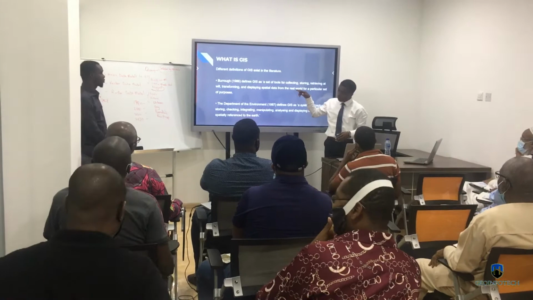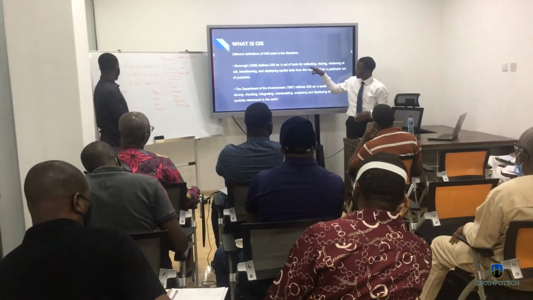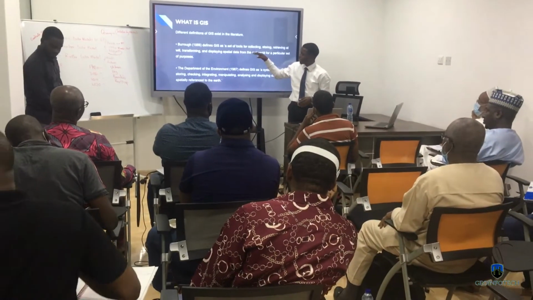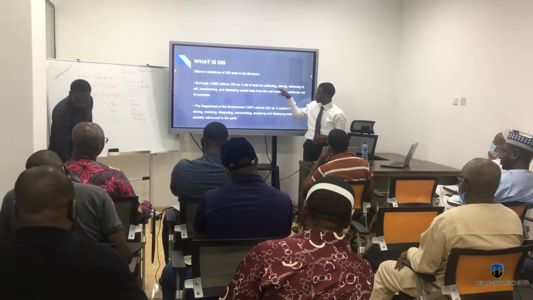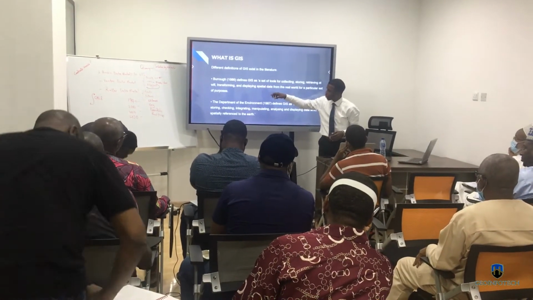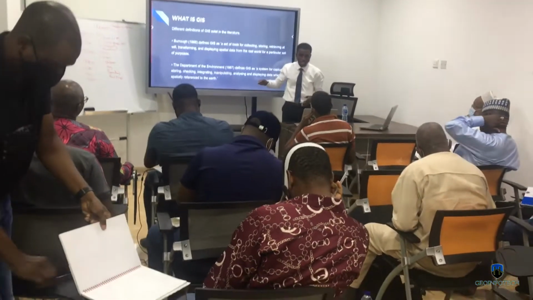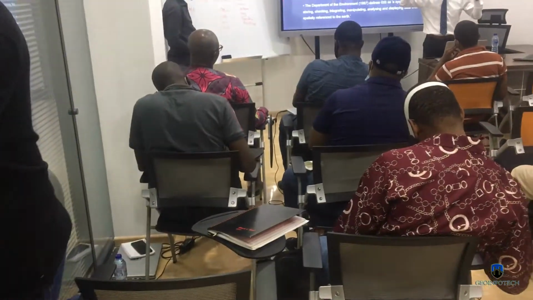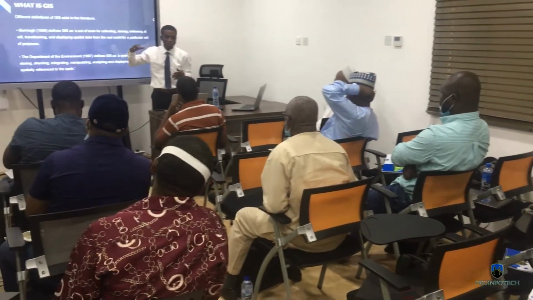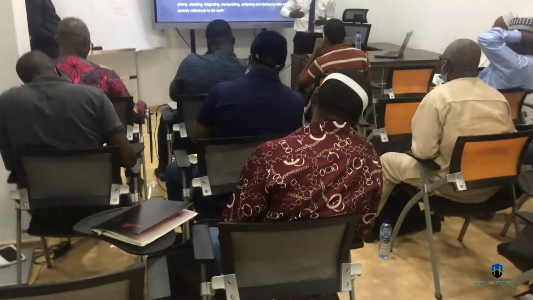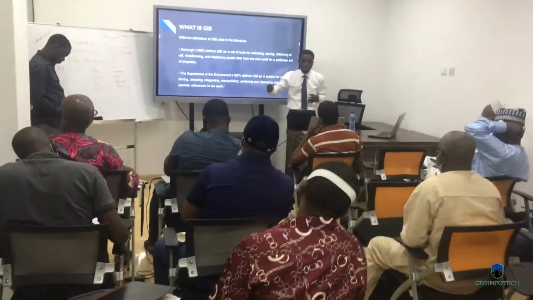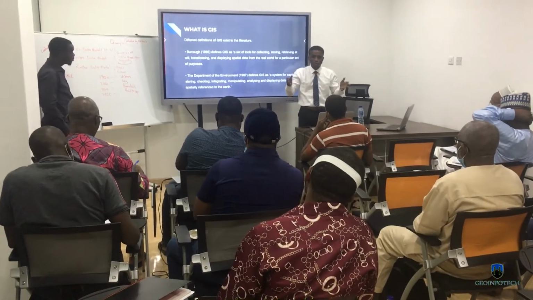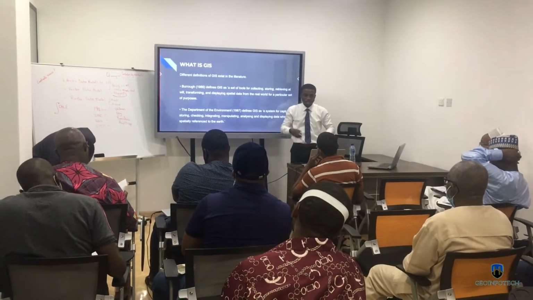So now, we talked about what GIS is. We said GIS is collecting, storing, retrieving, and transforming spatial data. Spatial data is information that carries location and attribute details, like buildings, addresses of a place, coordinates.